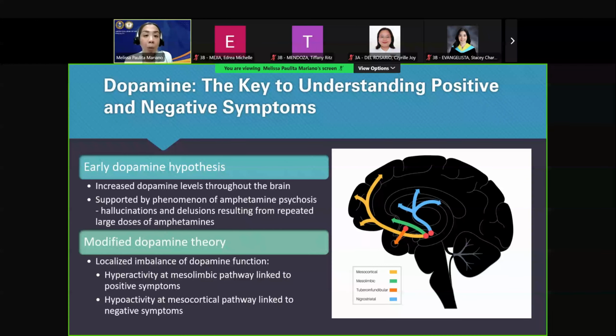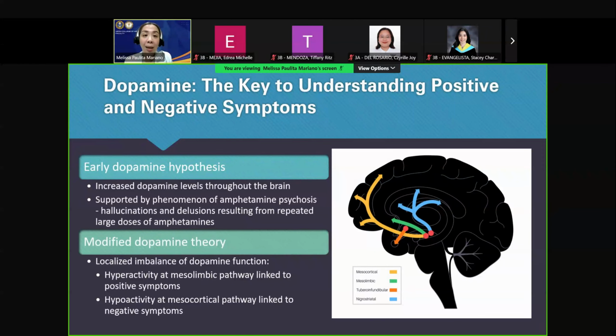And they posited this because of the phenomenon of amphetamine psychosis. People taking amphetamine stimulants like cocaine or methamphetamine would present with significant positive symptoms, including delusions and hallucinations. We still see that until now. But later on, this hypothesis was modified to a localized imbalance of dopamine function.